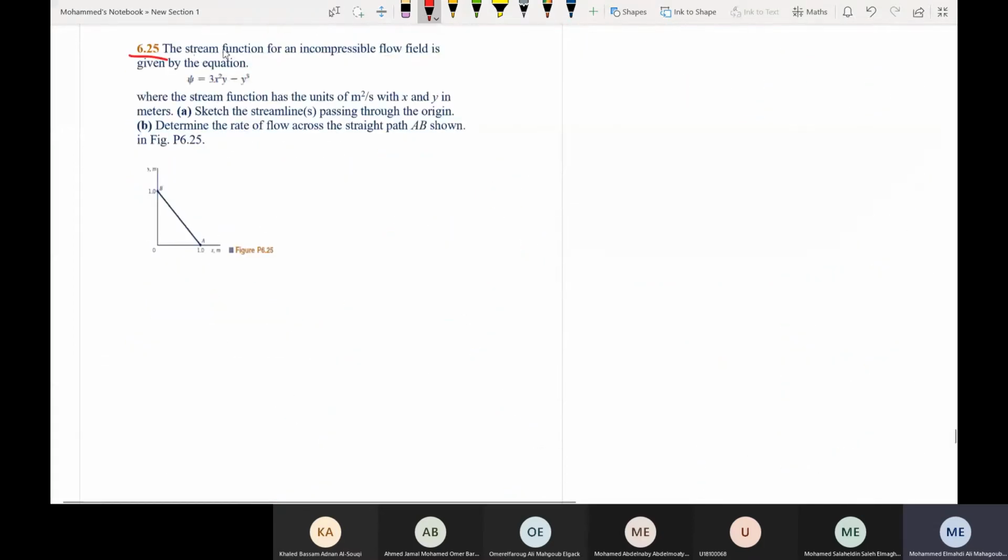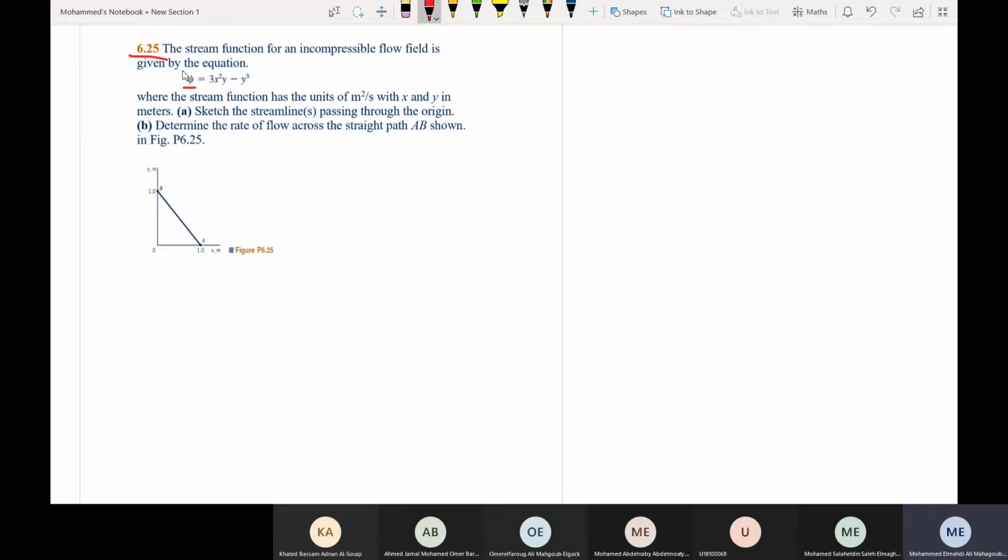The stream function for an incompressible flow. You took the stream function. The stream function is a function defined by Lagrange, so that it has the velocity components both in one function. It has to be a smooth function of x and y. Professor explained that in the theory. But when you solve, there are two important things when you have the stream function.